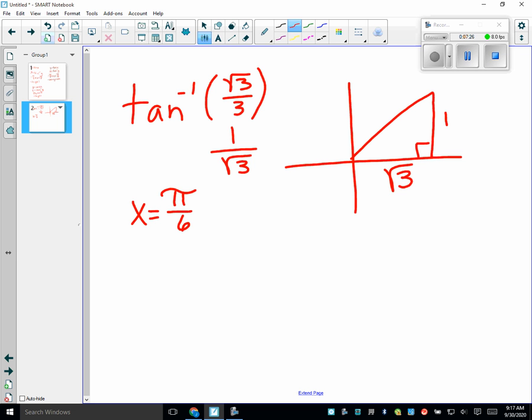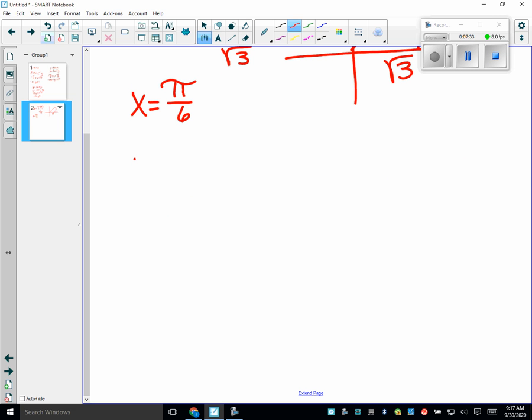Everybody's okay with that. So what if I switch this around and I said I wanted the arctangent of negative radical 3? Which means it's negative pi over 3. Right?